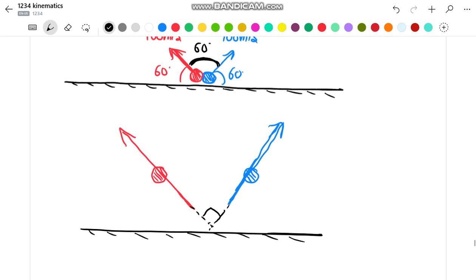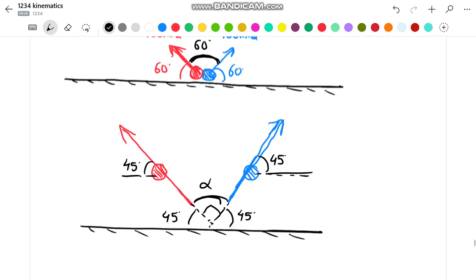And this is possible only when this angle is equal to 45 degrees. Since if both these angles are equal to 45 degrees, we can directly conclude that this angle alpha has to be 90 degrees, which is required in the problem.